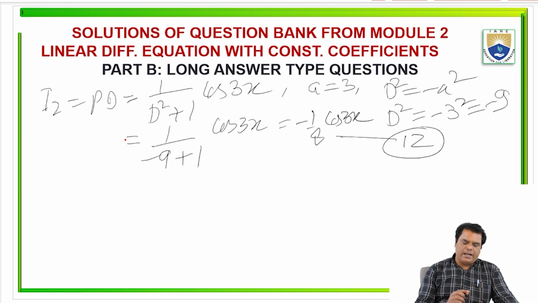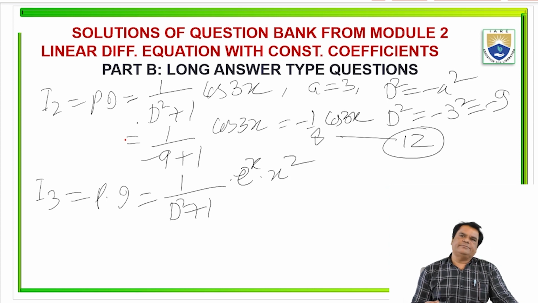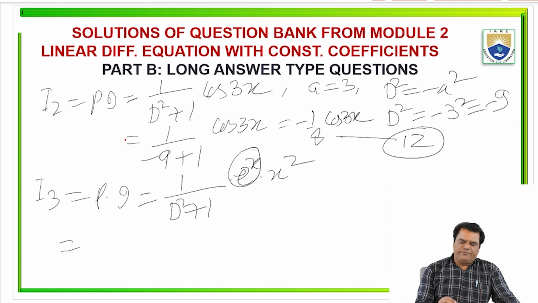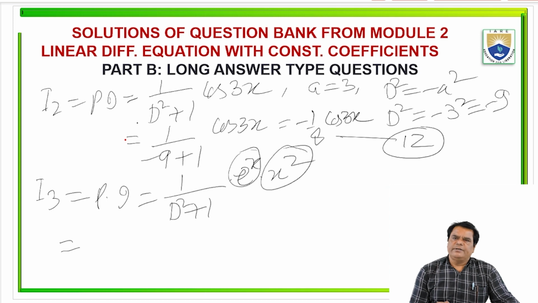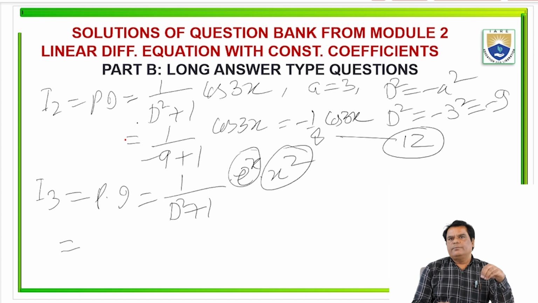So 11 and 12. Now the last answer is I3. I3 is equal to PI, 1 upon D square plus 1, e to the power x into x square. Here we have a product of an exponential function and an algebraic function. In the third function Q, there are two functions multiplied.